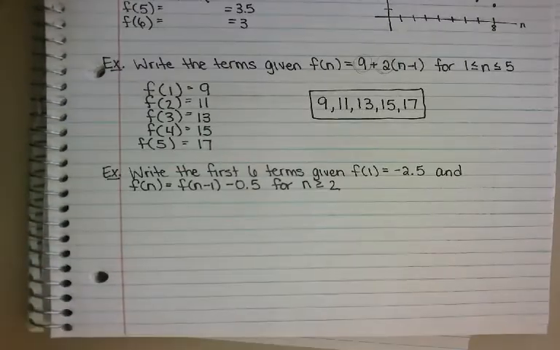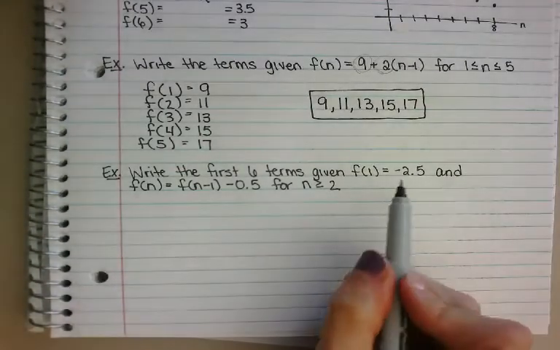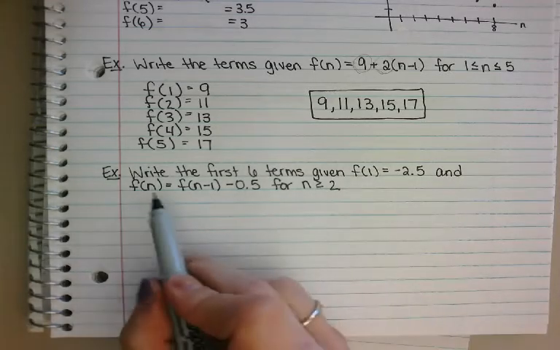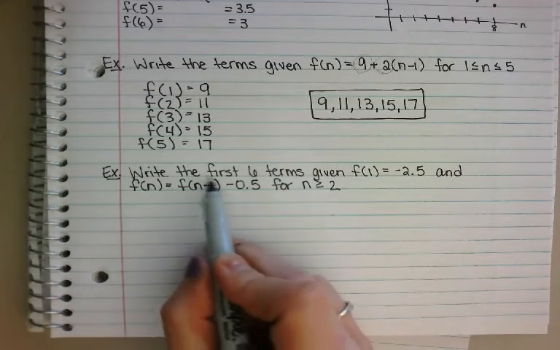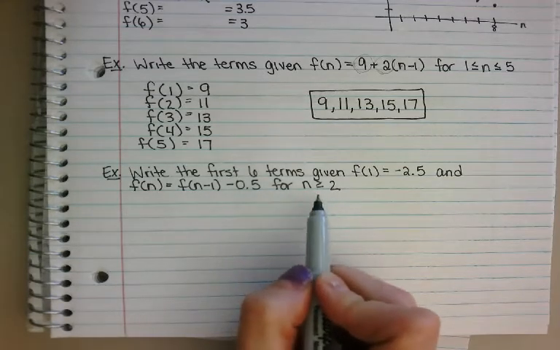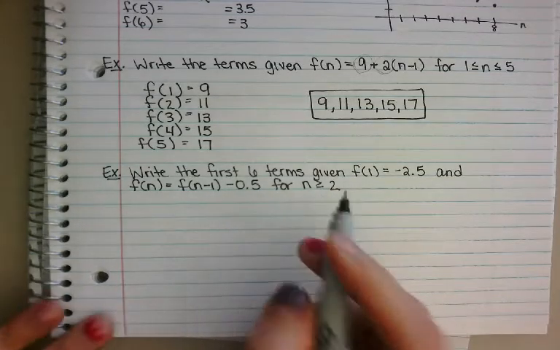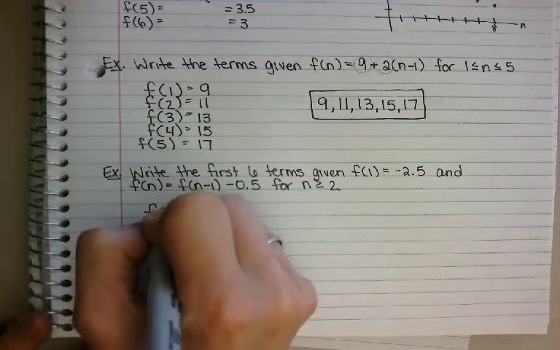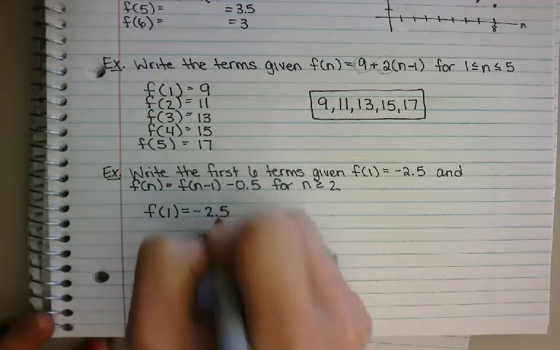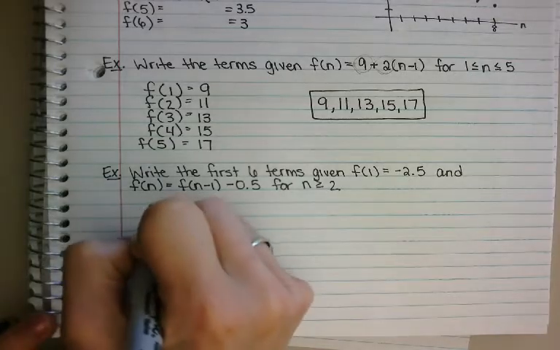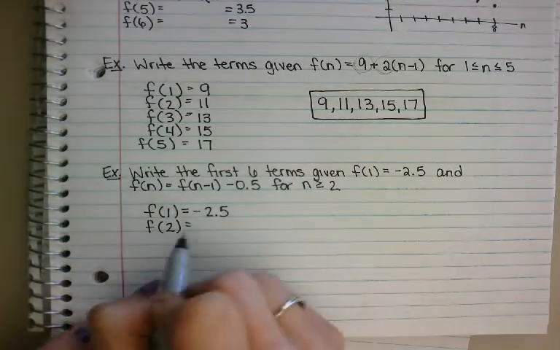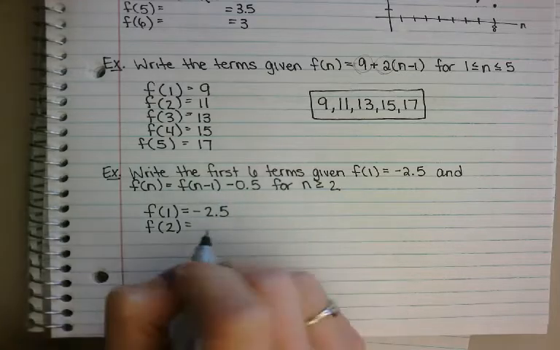Okay. This one says write the first 6 terms given f of 1 equals negative 2.5, and the rule is that they're taking the previous number, that's what that means, and then they're subtracting 1/2. It says for n's greater than or equal to 2. So our first number is negative 2.5. The second number, okay, is going to be the previous number minus a half.